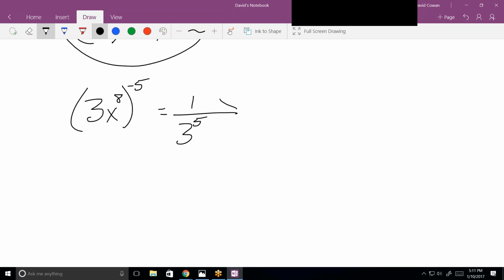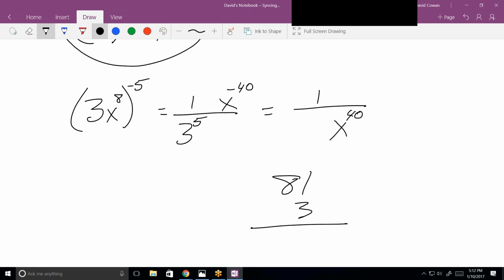So if I'm going to write it in the numerator, it's x to the minus 40th. But I'm assuming your class is like every other class and they want the answer with positive exponents. So I've got to move that x to the other side of the fraction bar. And 3 to the 5th is 81 times 3, 243.